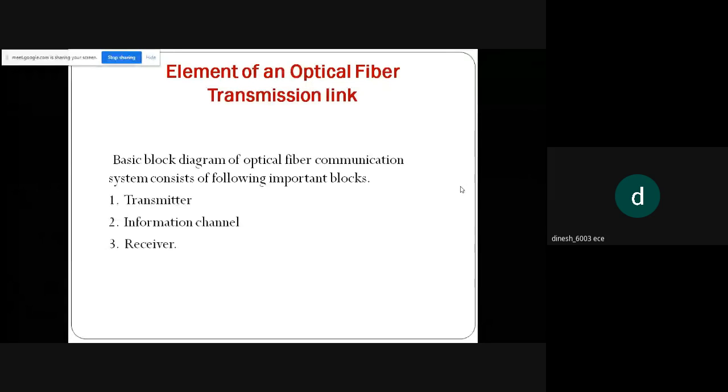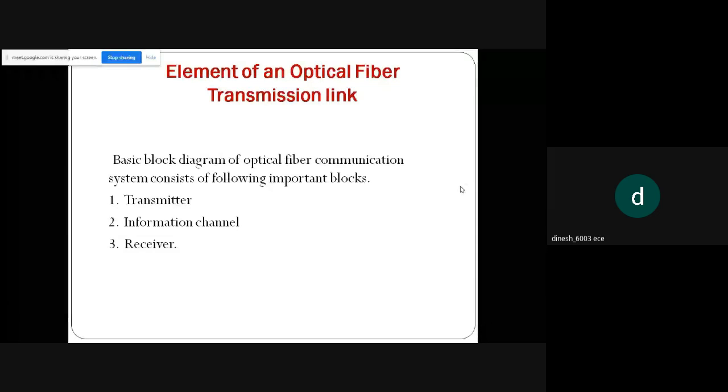Okay, now let us see the elements of an optical fiber transmission link. What will an optical fiber transmission link have? It's simple, as in any communication, we have 3 important blocks: a transmitter, a receiver, and in between the transmitter and the receiver we have a channel.